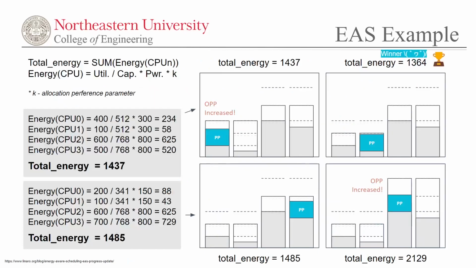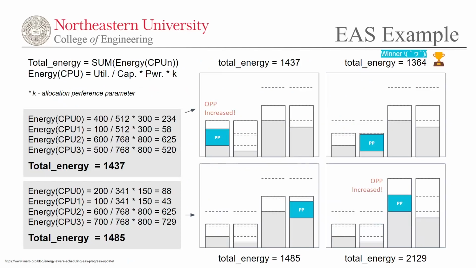This slide shows the total energy cost estimation with the formula. The energy cost is the sum of each CPU's energy cost, and each energy cost is the utilization divided by the capacity of each CPU, times the power at the OPP the capacity tells, with a parameter of k.